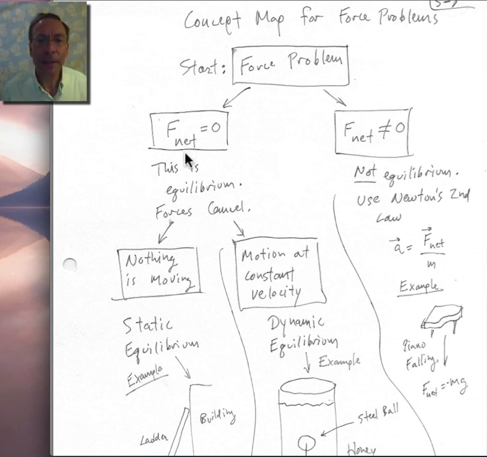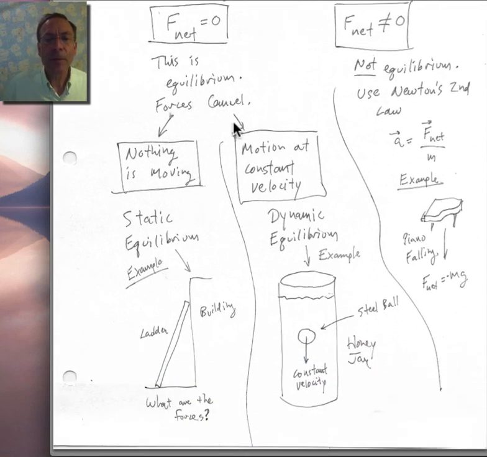Okay, going back to the equilibrium problems. These equilibrium problems subdivide into static problems where nothing is moving. So like figuring out the forces on a ladder leaning against a building. That's a static problem because nothing's moving.